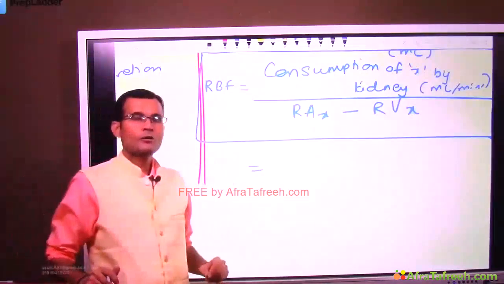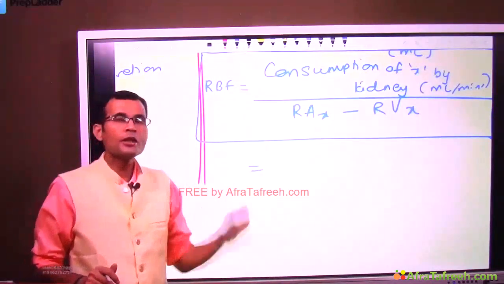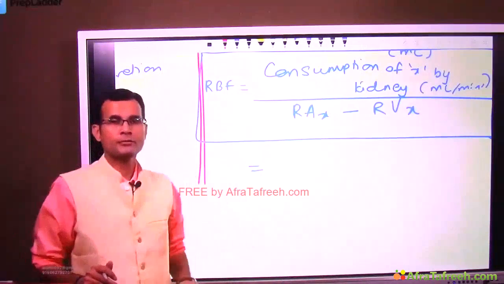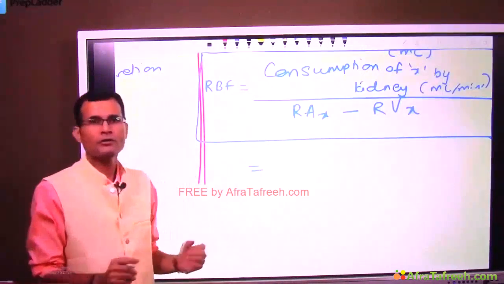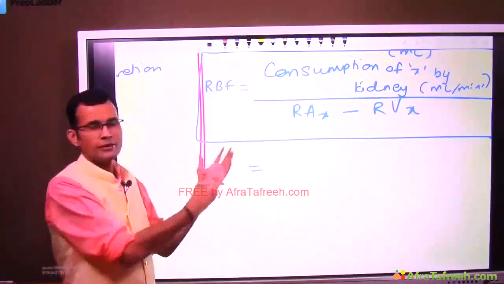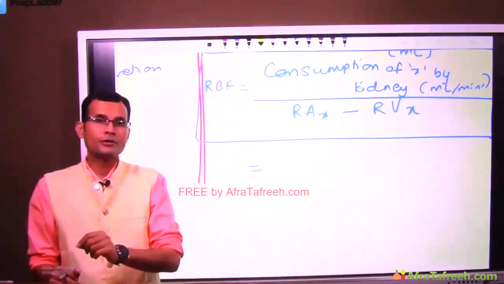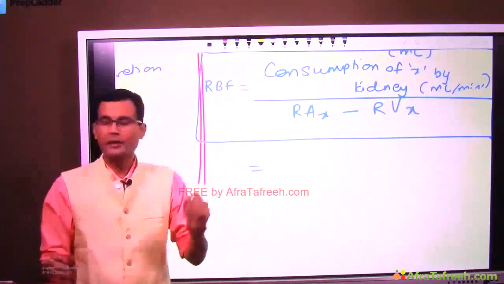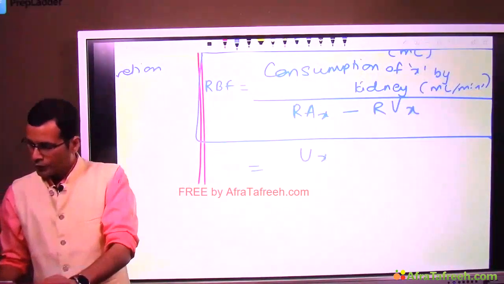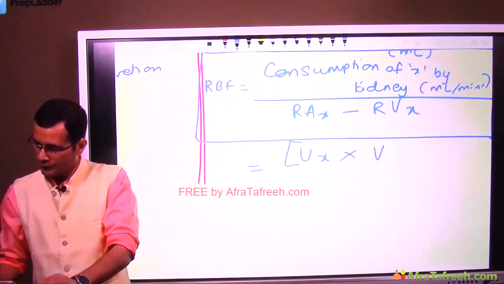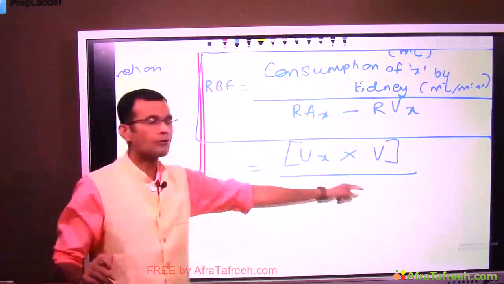Now please recall, how do you calculate the urinary excretion rate of a substance per unit time? Come on, recall it. We said this some time back. The total excretion rate of a substance is equal to Ux into V: urinary concentration of the substance into total volume of urine.